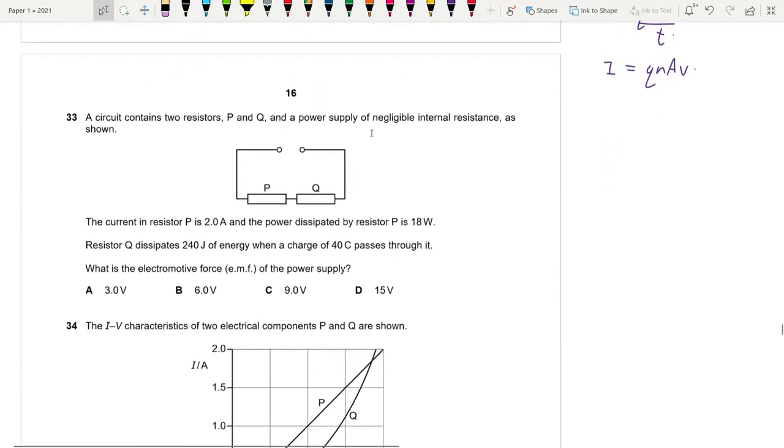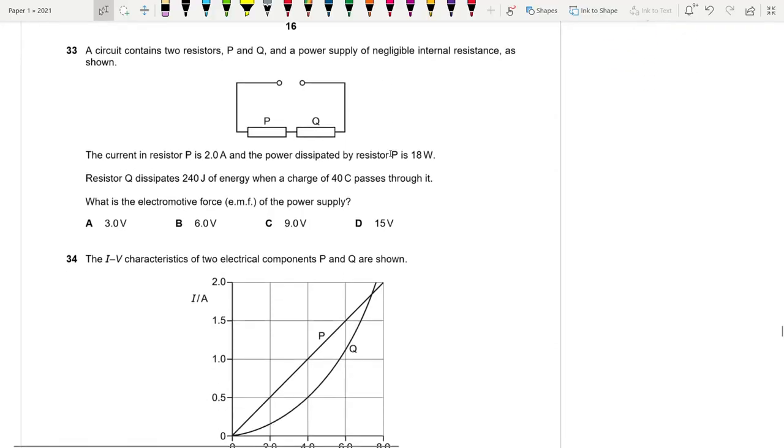A circuit contains two resistors P and Q and a power supply of negligible internal resistance as shown. The current in resistor P is 2 amperes and the power dissipated by resistor P is 18 watts. Okay, so it's series, 2 amperes over here, 18 watts. We know that P is equal to IV for P. So 18 is equal to 2 into V. V is equal to 9 volts.